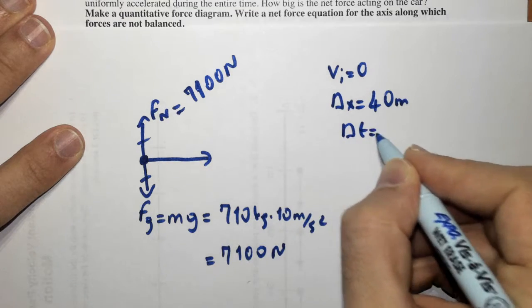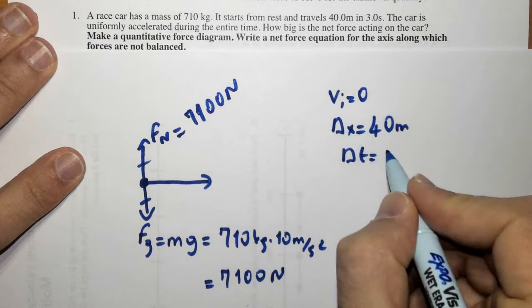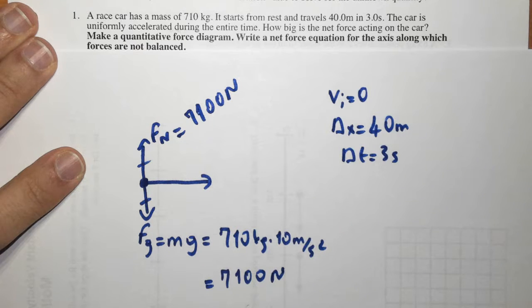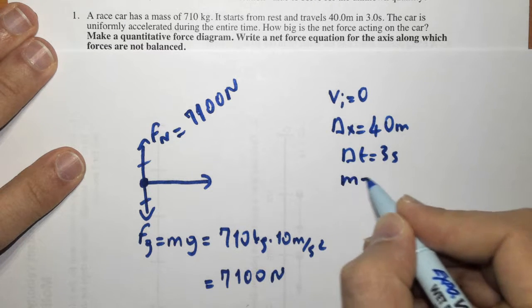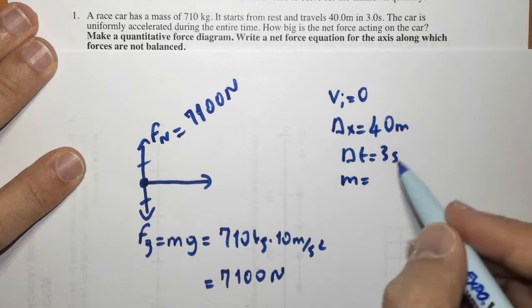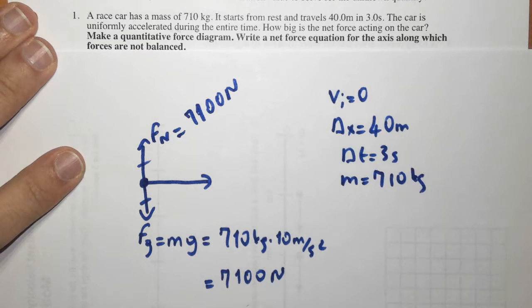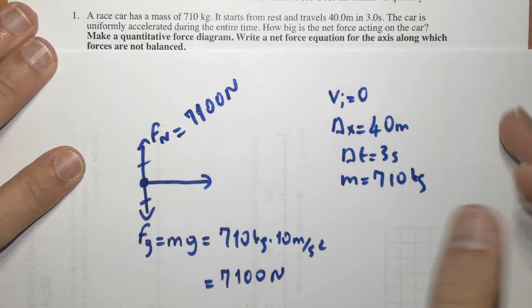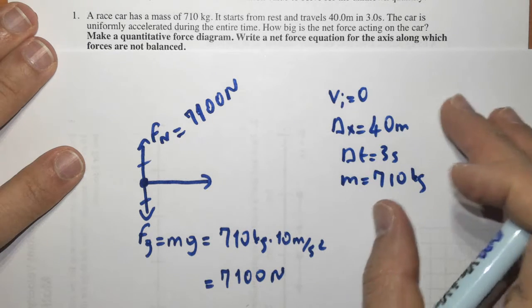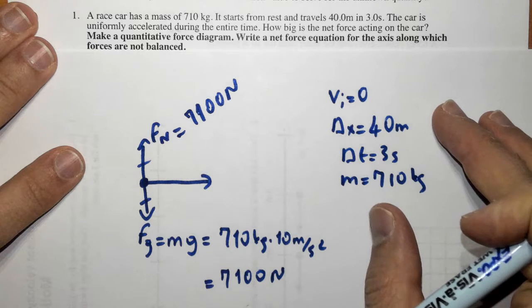Delta t equals 3 seconds. What else are we given? Mass is 710 kilograms. These are the knowns, and let's find the unknown.